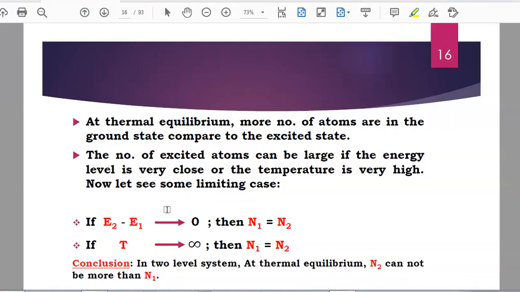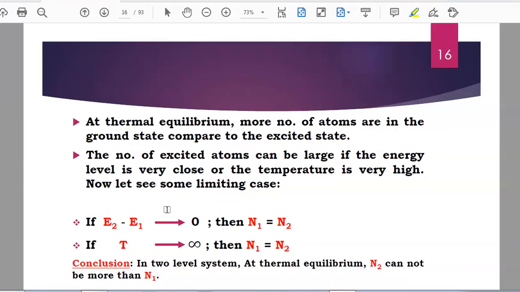One is the general case where the number of particles is more in the ground level and very less in the higher level. But in that case, laser will not be emitted. To generate the laser light, the requirement is that the upper level must have the maximum number of particles and the lower level must have the minimum number of particles. That means the completely reverse process, a completely inverse case. Later on we'll discuss it also.